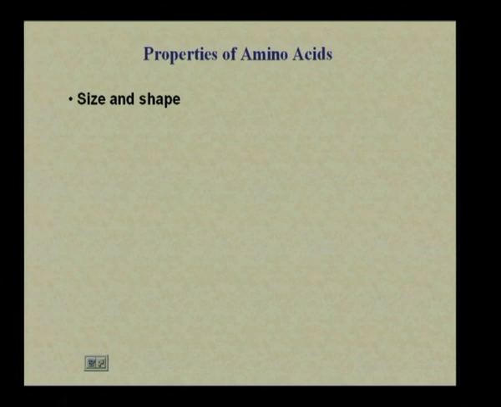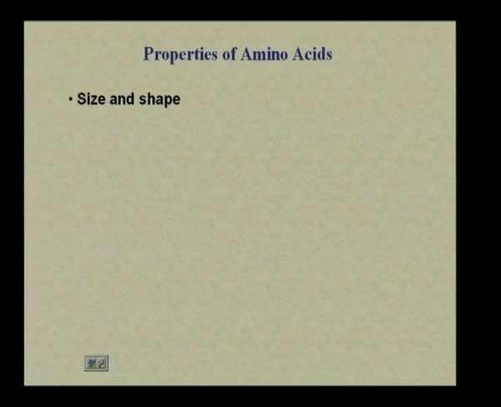What is the next smallest one? Alanine, because it has the methyl group. Then gradually we can go up. What is the bulkiest one that we could have? Tryptophan is the bulkiest one, and the longest chain is arginine, then we could have lysine. So, these are the long chain amino acids that you could have.